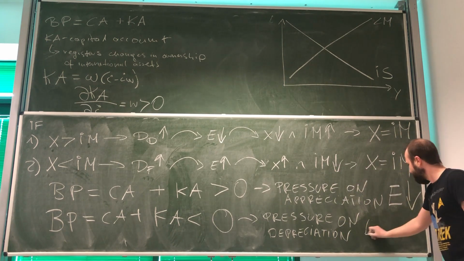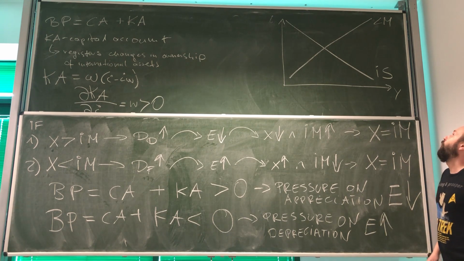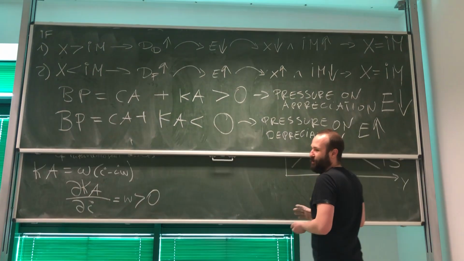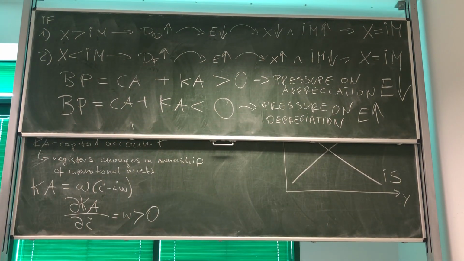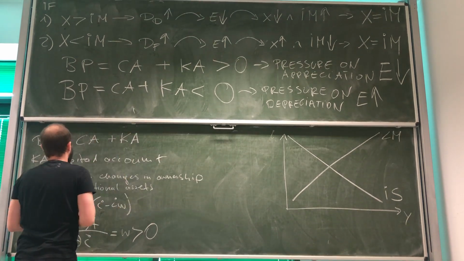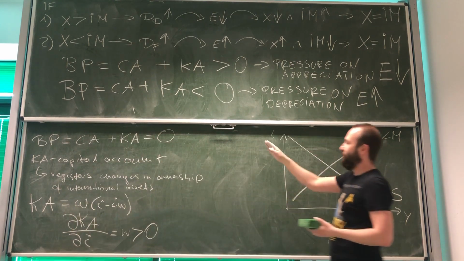Right? So finally, when can we have a situation where there's no pressure on the exchange rate? As we already said, BP must be equal to 0.